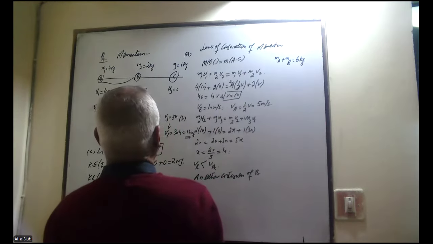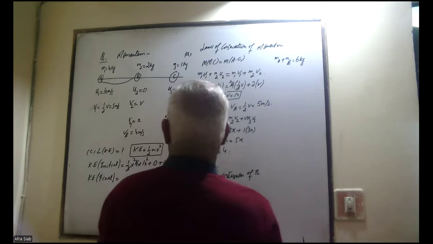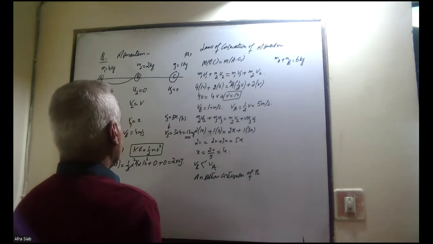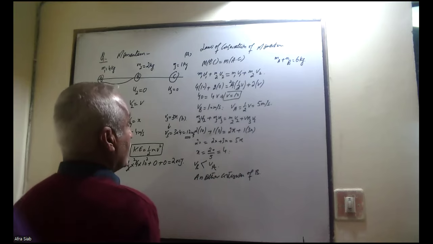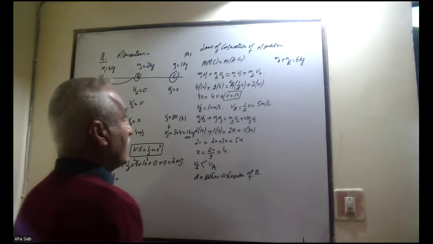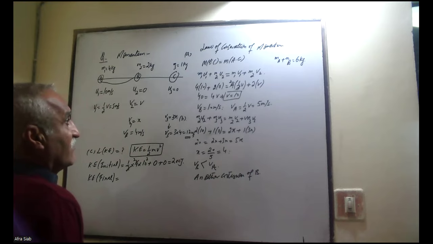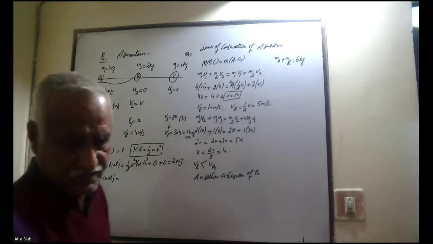And the particles are going to collide with the particle C. So we have to calculate the velocity of particles A and B when they have coalesced.